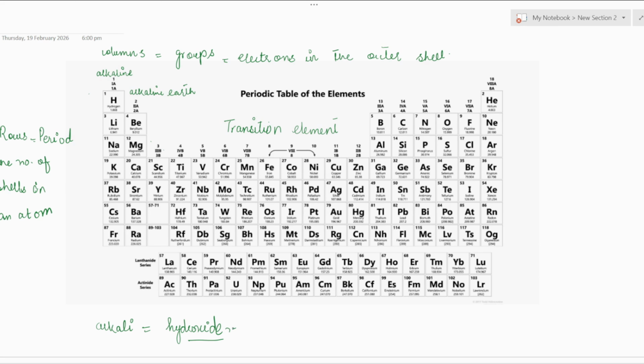For example, sodium hydroxide or potassium hydroxide, magnesium hydroxide, calcium hydroxide. These are alkalis. This is the general identification from the name. By looking at the formula, you can tell whether it's an alkali or not. Okay?